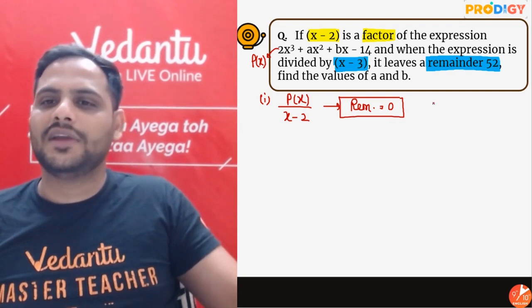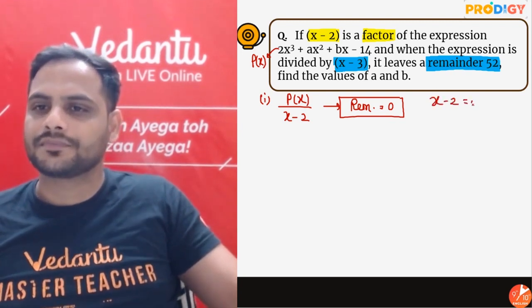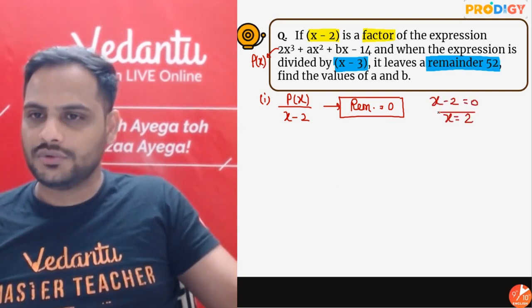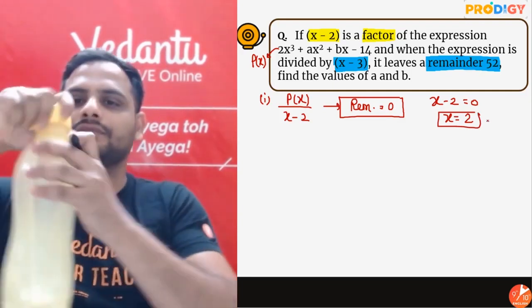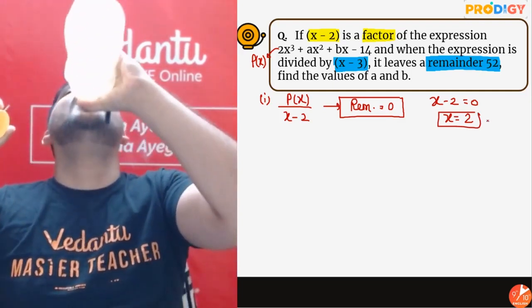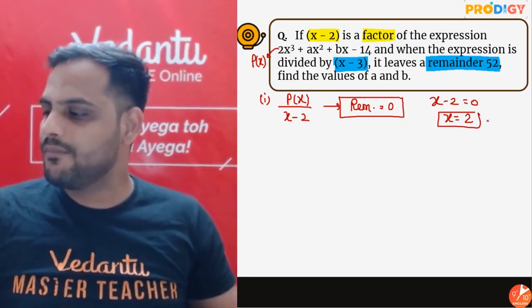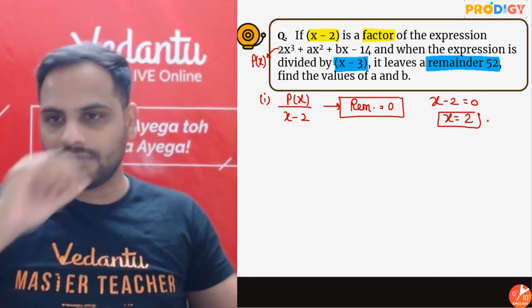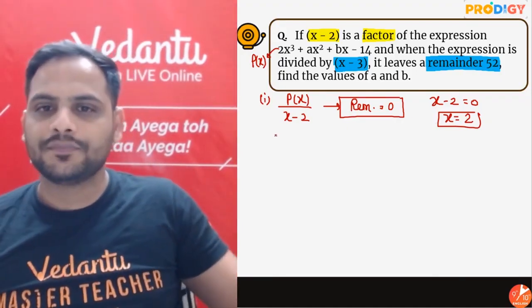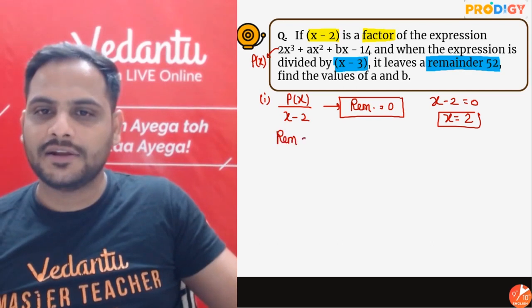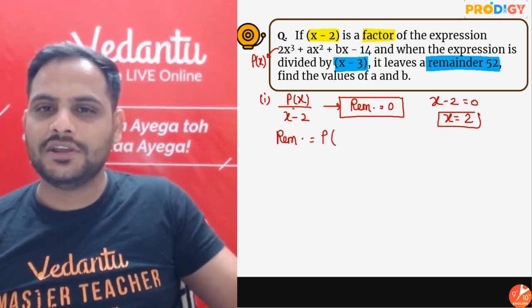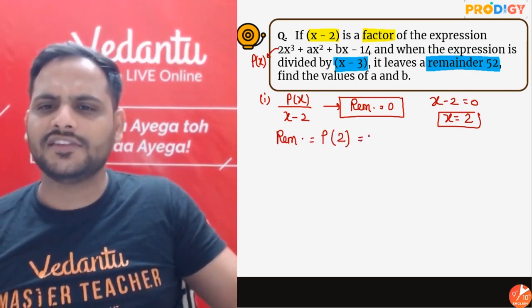So first thing, make the divisor equal to 0. You have got x equal to 2. Now my remainder will be the value of the polynomial p of 2, and it is equal to 0.